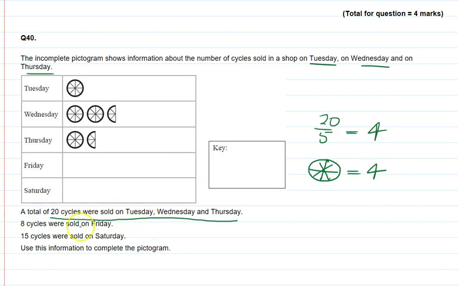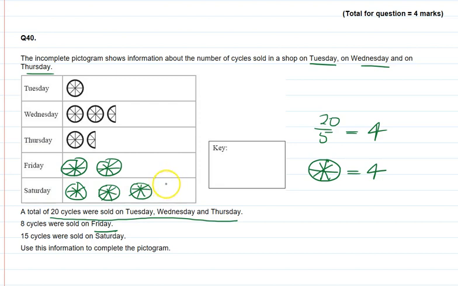Now they are saying 8 cycles were sold on Friday. So for Friday, there will be 2 circles like this. And on Saturday, 15. So this will be 4, 8, 12, and there will be a 3/4 here.